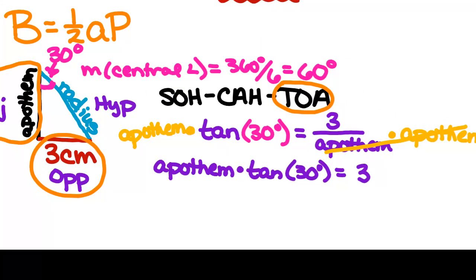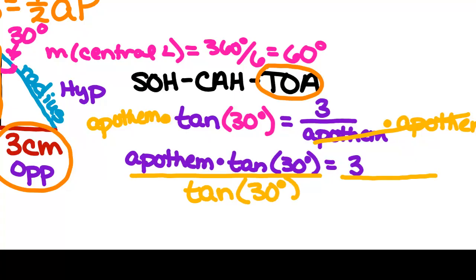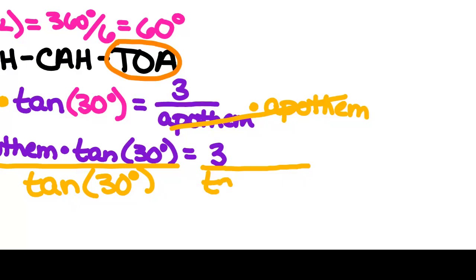What do I need to do now to get the apothem by itself? Divide it. What are we going to divide by? Tangent of 30 degrees, yes. It's the apothem that I want to get alone, so the thing next to the apothem is what I have to divide by.